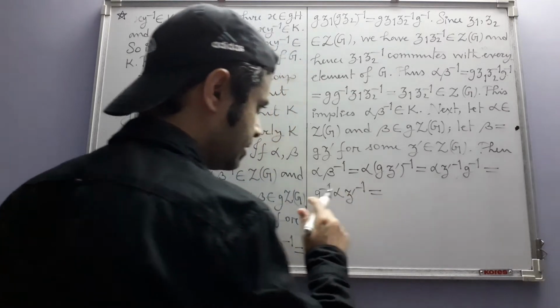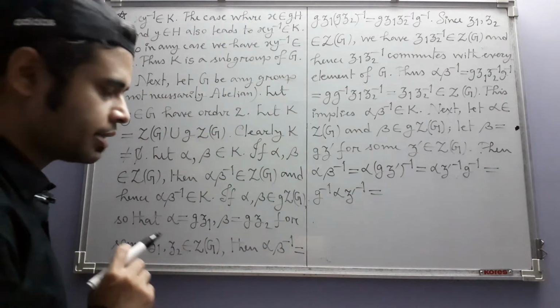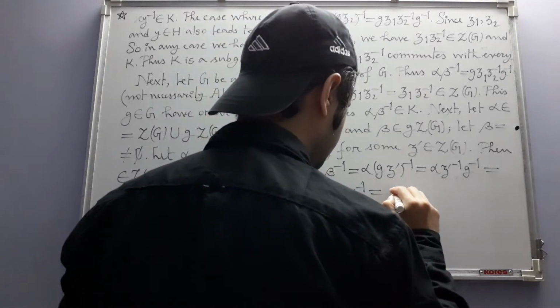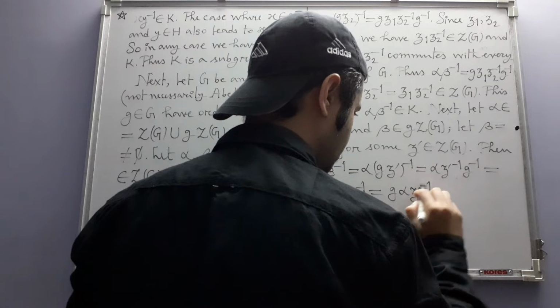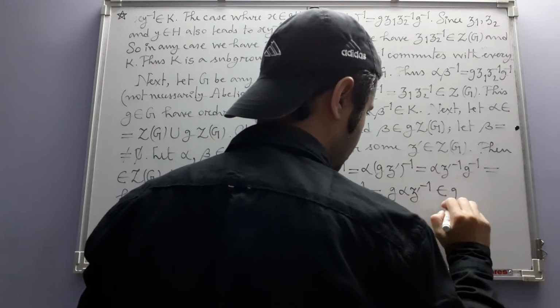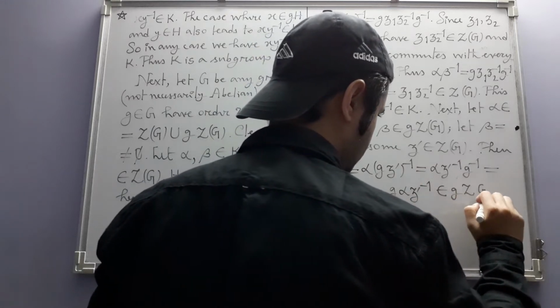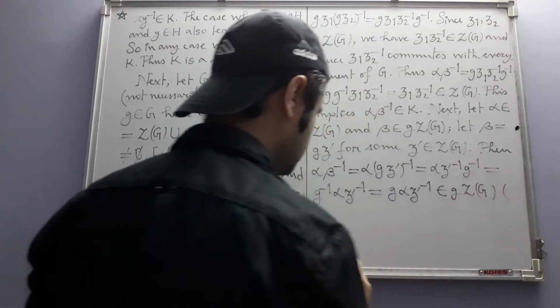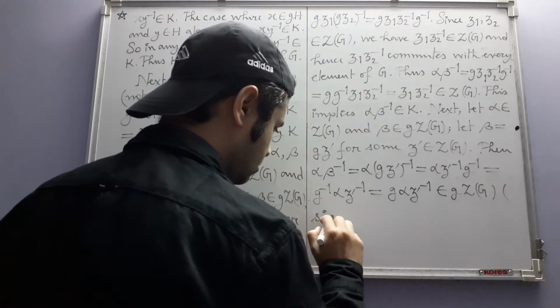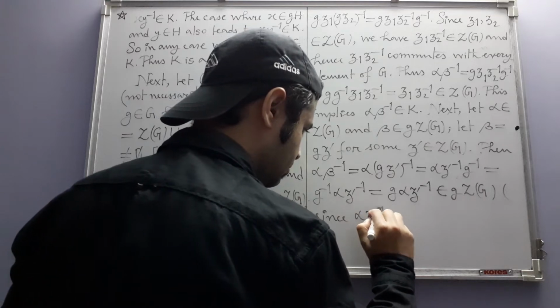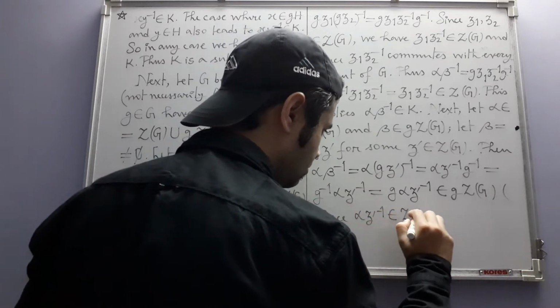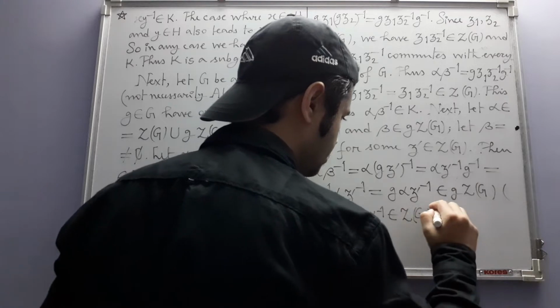That is equal to, let us just write the steps and then we will justify each one of them, G alpha z prime inverse, and this belongs to this, since alpha z prime inverse is itself a central element.